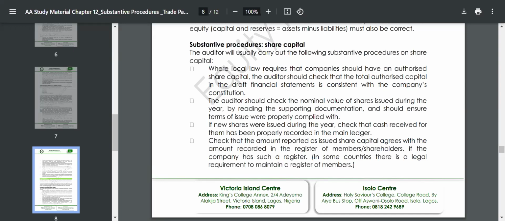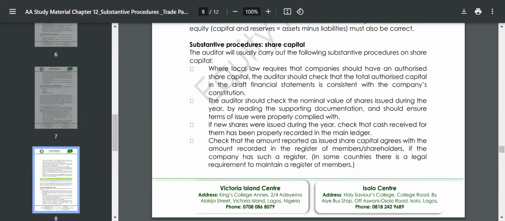After doing that, the auditor will also need to check the nominal value of the shares. Say we have 500 million shares, at what value? When you see documentation around share capital, you will see something like at 50 kobo, at 100 naira, so that you can have a nominal value.